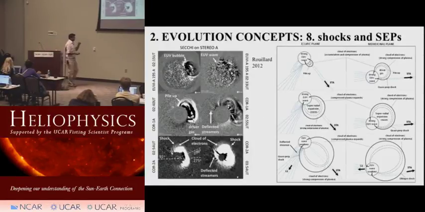What I wanted to highlight was that if SEPs are detected from a process of energization from a shock, then the observer needs to be magnetically connected to the shock.